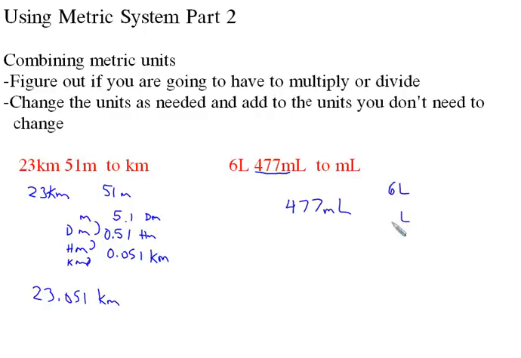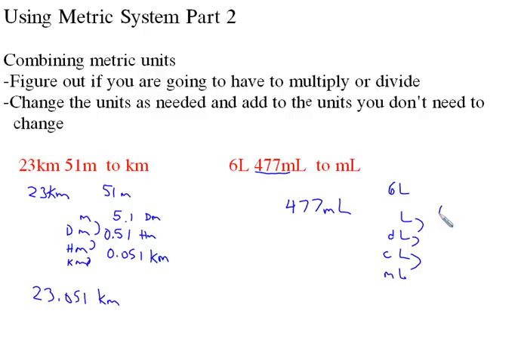So liters, deciliters, centiliters, and then after that I have milliliters. And so each time here I'm going to multiply by 10 because I'm going to have more. When I move from liter to deciliter, I'm going to have 10 more.